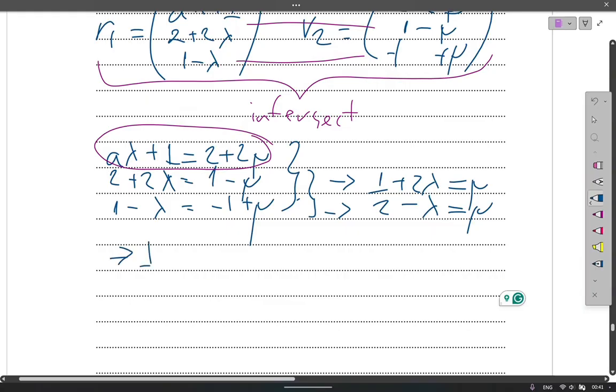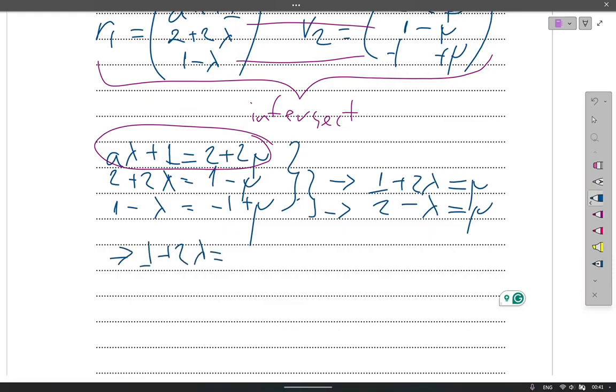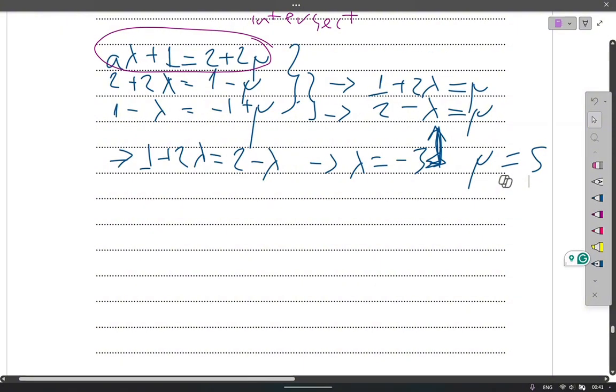So the equation will become this one. Which means lambda is minus 3, and if we substitute that value there, mu equals 5.